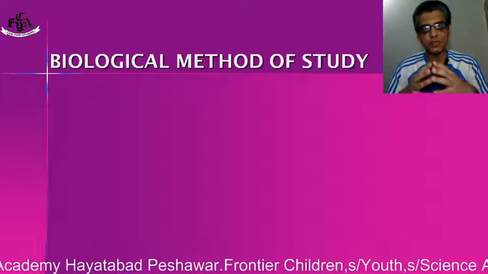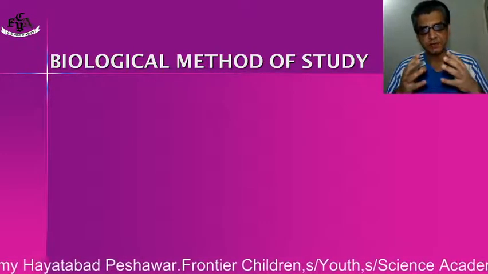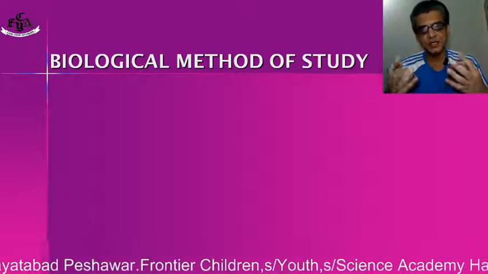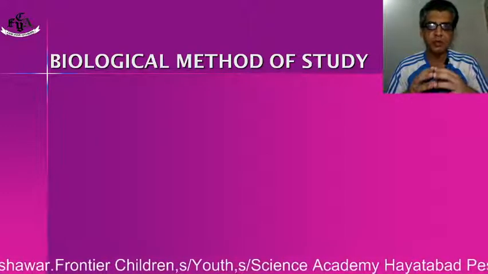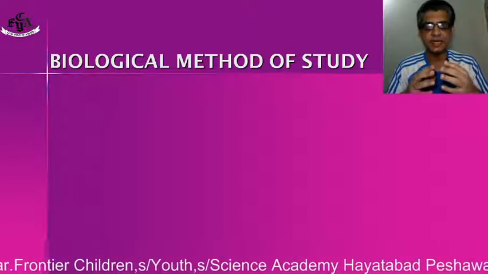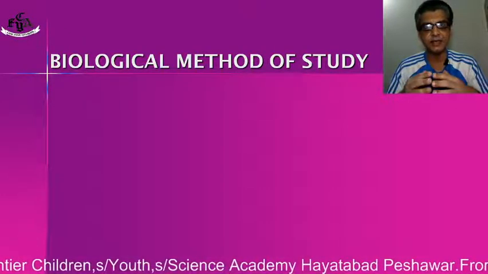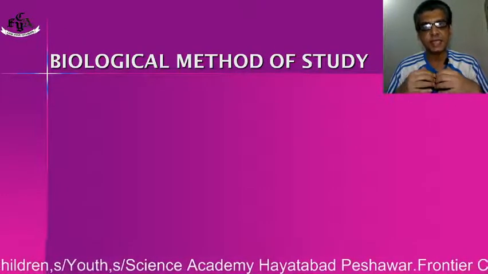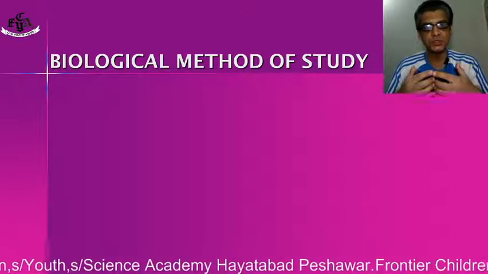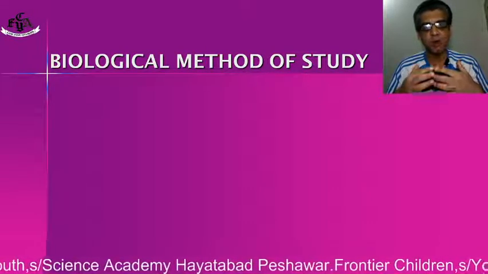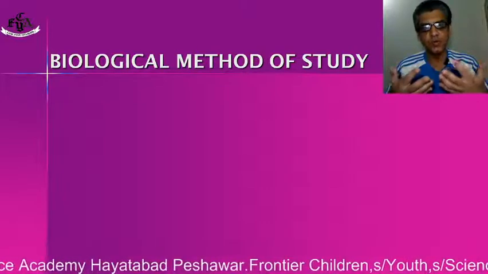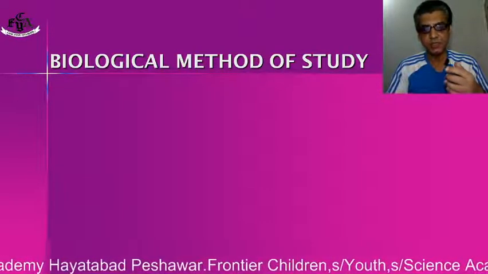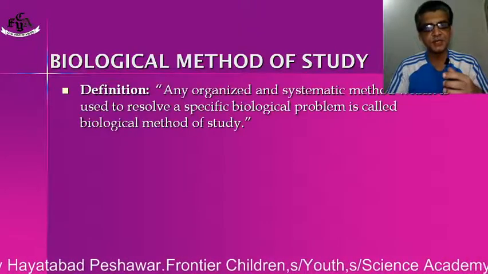Biological method of study. What is biological method of study? If there is a biological problem, then that biological problem is studied in a systematic, organized and scientific way. So that study is called biological method of study. So how will you define biological method of study?